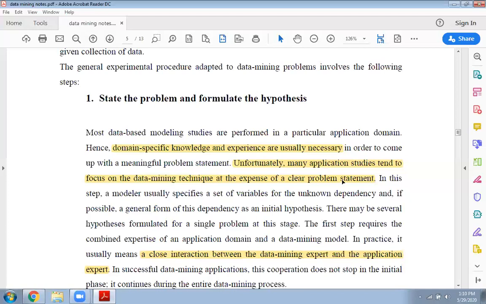They do not have a clear problem, but they are doing data mining. So for clearly stating why you are data mining, you need domain specific knowledge and the desired experience, so that firstly a specific problem is stated. After that only can a data mining technique be applied to formulate a particular hypothesis.